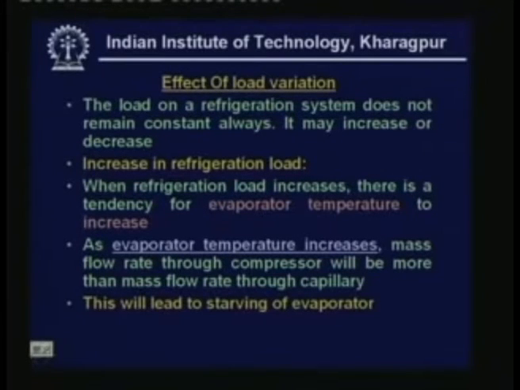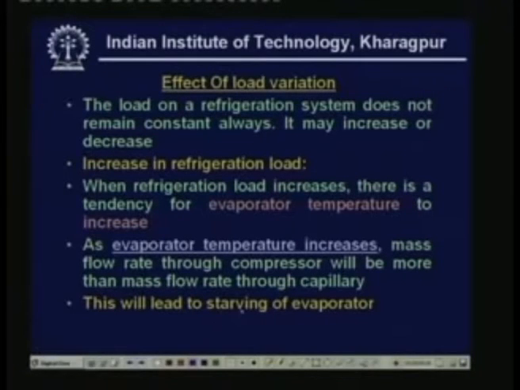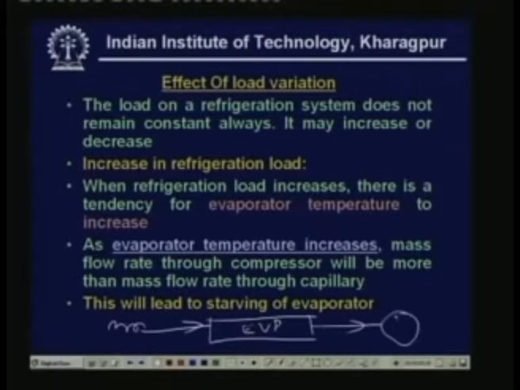As a result of this, the evaporator will start starving. Okay. So what do you mean by this? Let us say that this is the evaporator. Refrigerant is coming from the capillary, you have the capillary on this side and the compressor on this side.